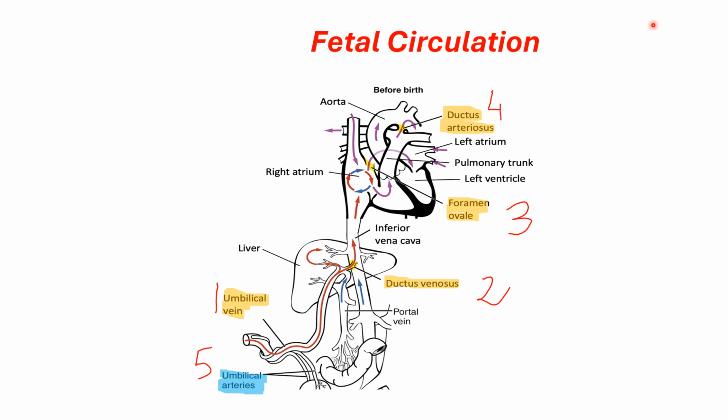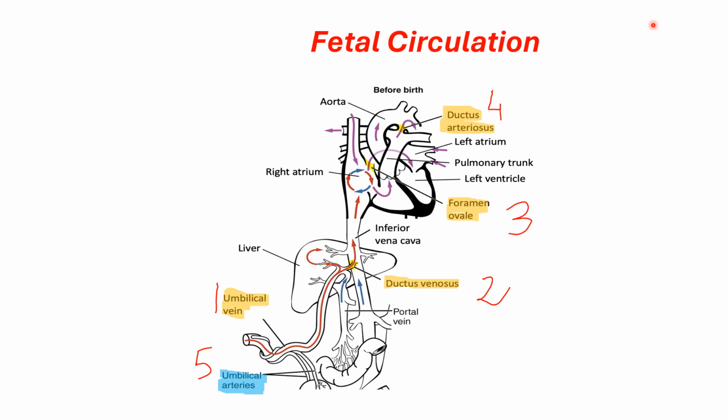From the left atrium, the blood goes to the left ventricle, then into the ascending aorta, and here it supplies the coronary circulation, brain, and upper limbs. This ensures the most oxygenated blood reaches the vital organs. And the vital organs, as you know, are the brain and the heart itself.